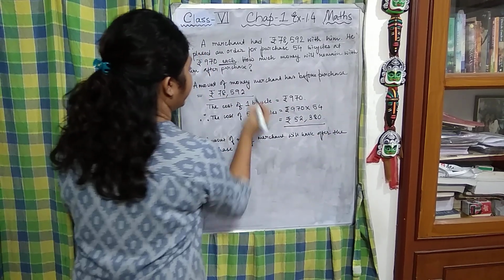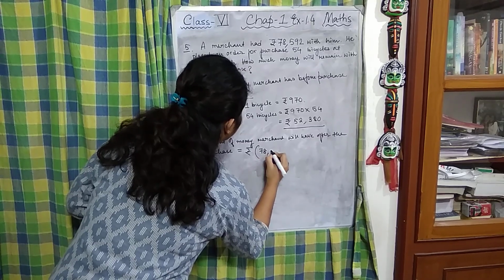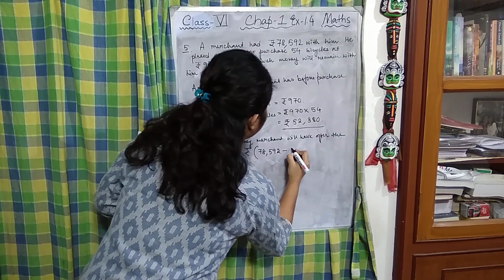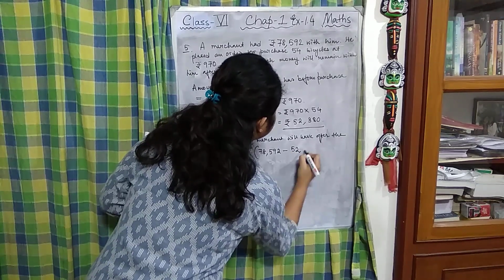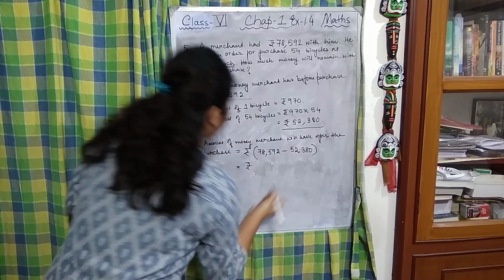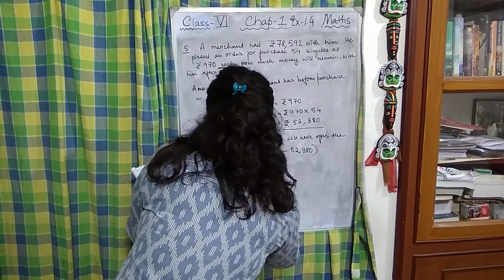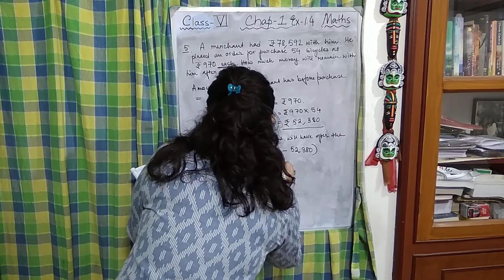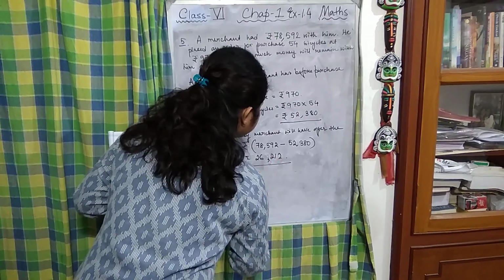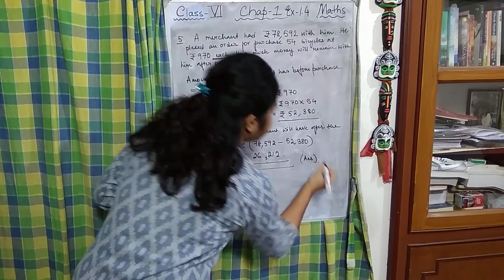How much money he had before. So the bigger number will be sitting before and then the smaller number, and it will give an answer of 26,212. Okay, so this much money he will be left with after the purchase.